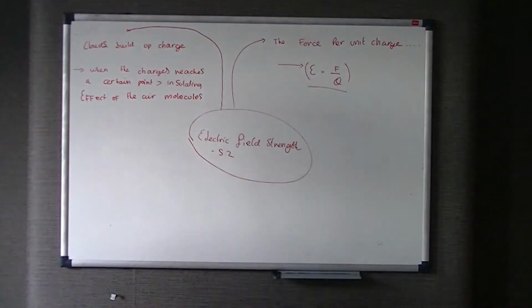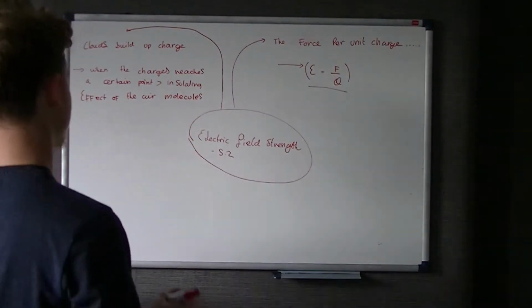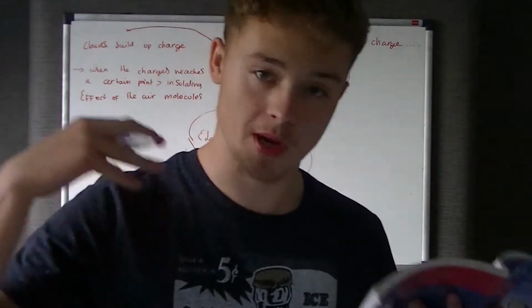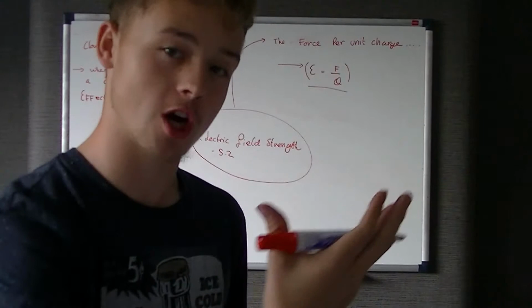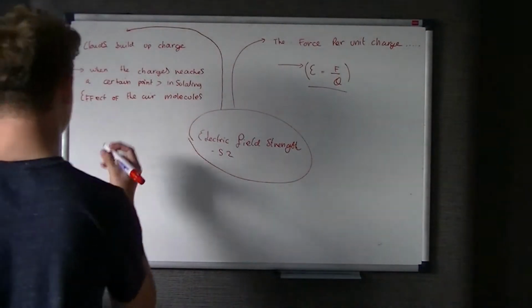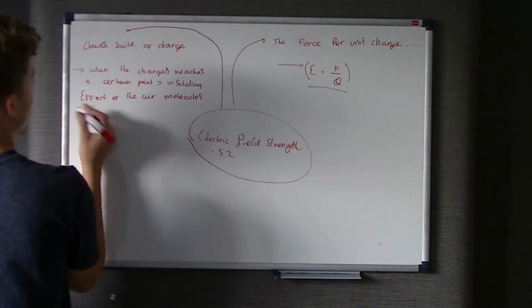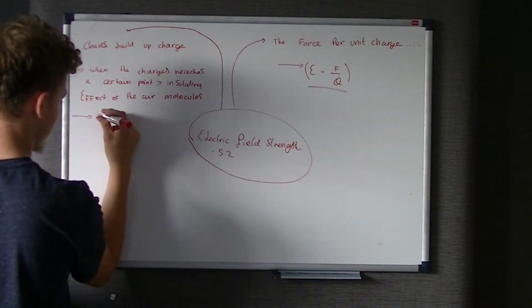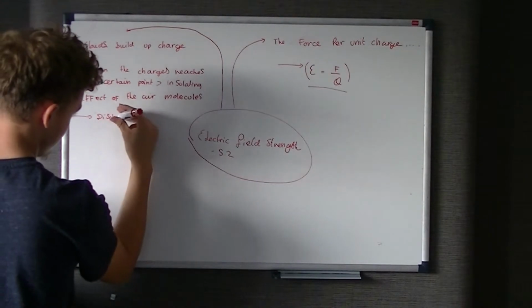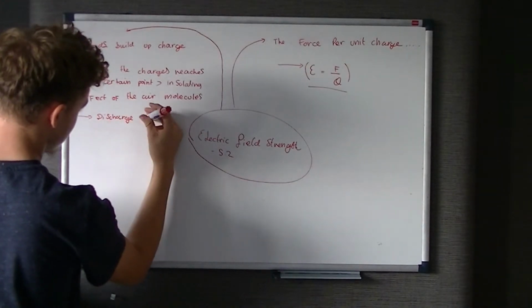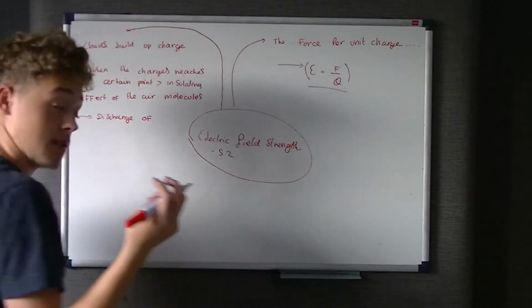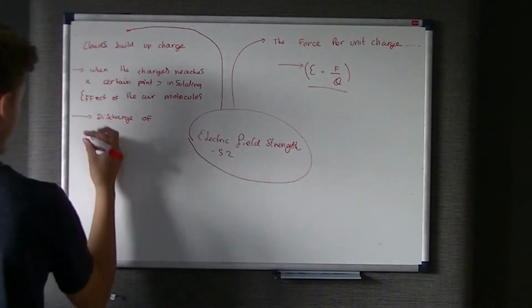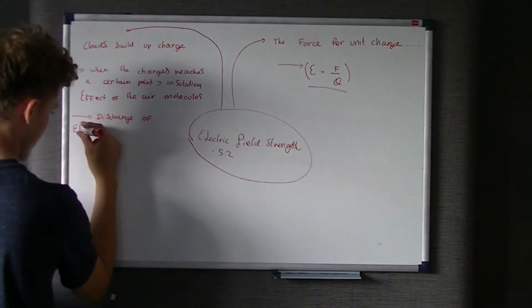It overcomes the insulating effect of the air molecules, and this causes a discharge. The air molecules release a discharge of electrical energy, and this electrical energy goes through the atoms in the air, as you should know. Air is just made up of atoms, as everything is. So, discharge of electrical energy.